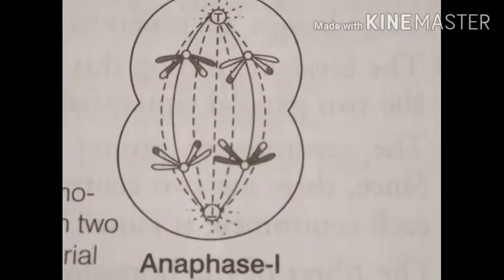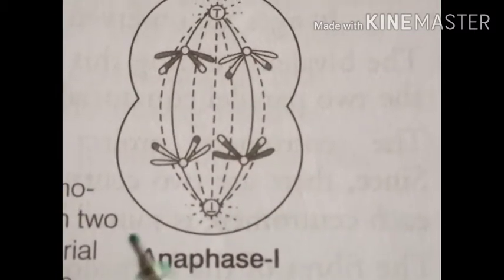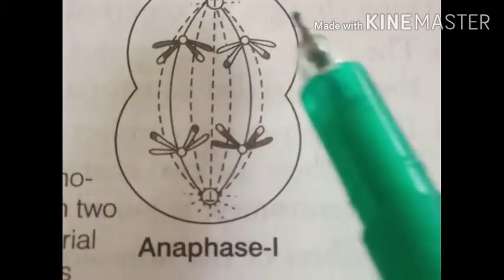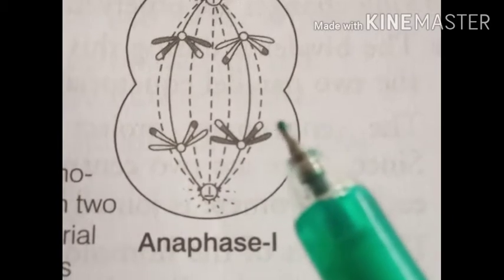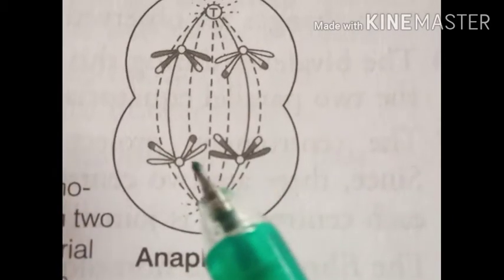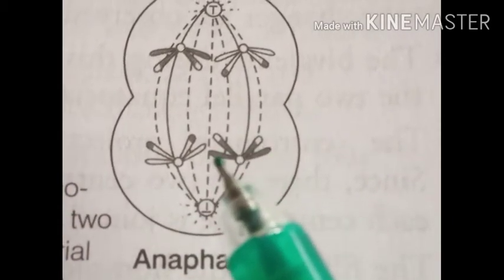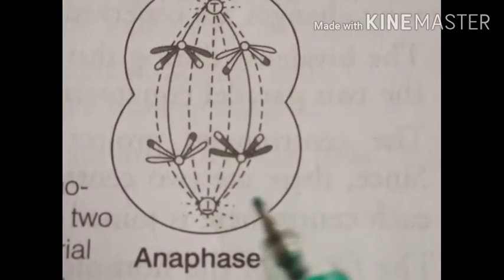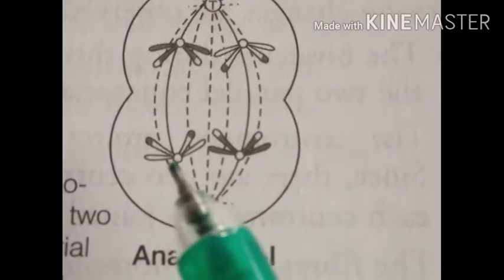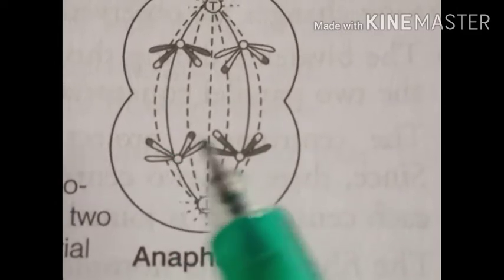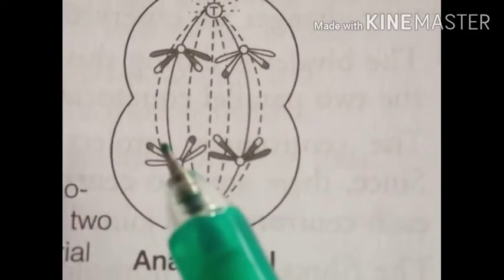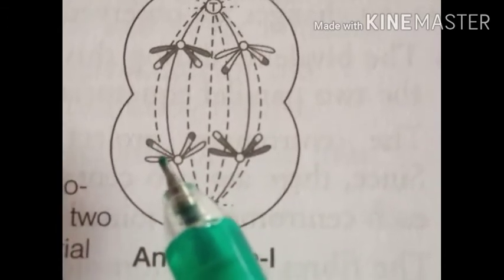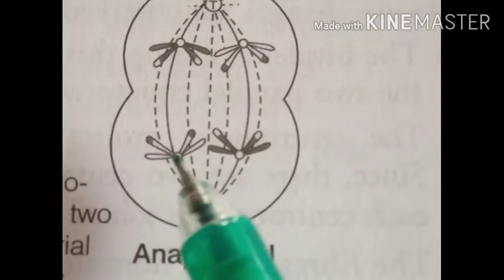So these two are the homologous chromosomes, and they are separated out; this process is known as disjunction. The separated chromosomes are now univalents and are also called dyads, because they have two chromatids. They are one chromosome, so they are called univalent.